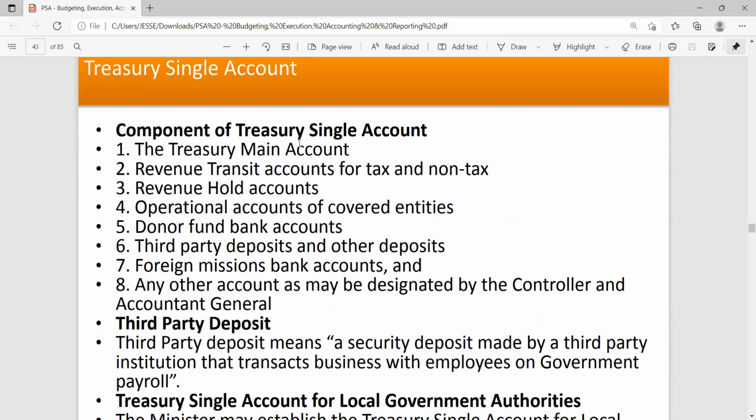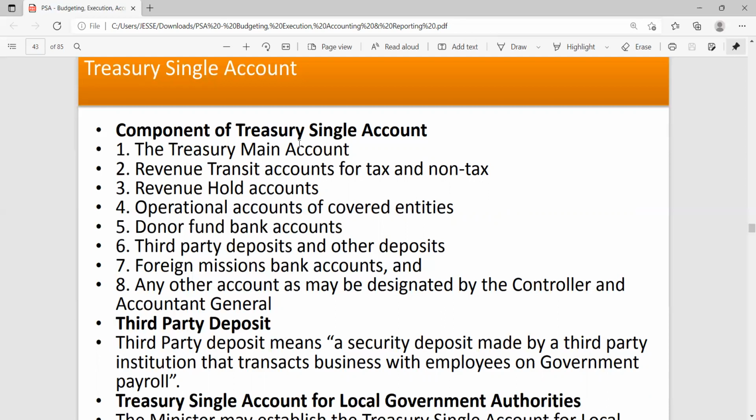Now, what are the components of the Treasury single account? Number one, we have the Treasury main account. Number two, we have the revenue transit accounts. These are transit accounts for tax and non-tax. We have the revenue hold accounts. We have operational accounts. We have donor fund bank accounts.